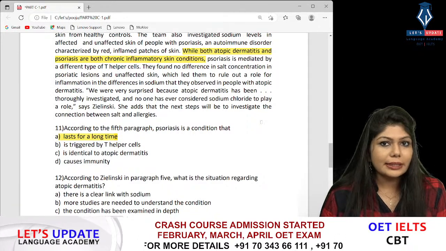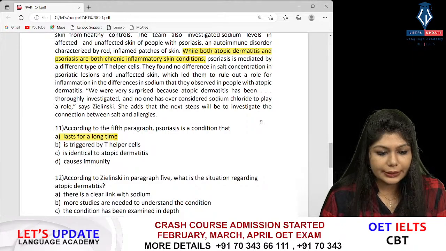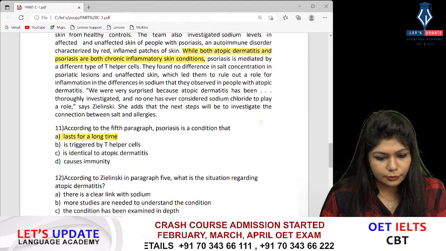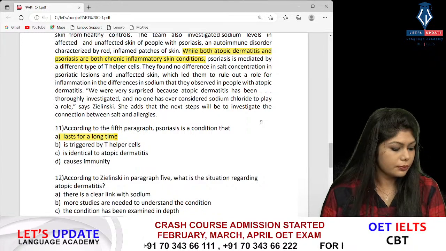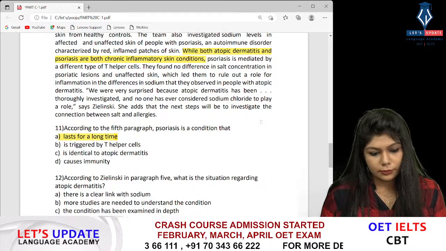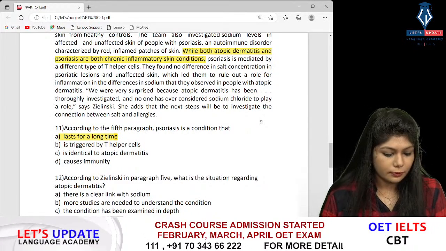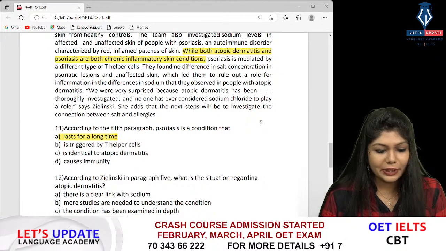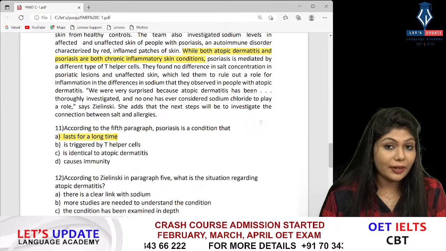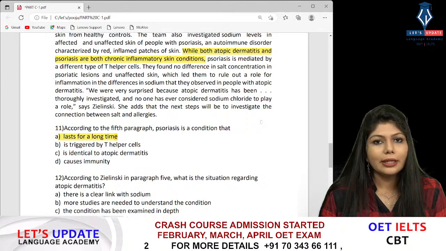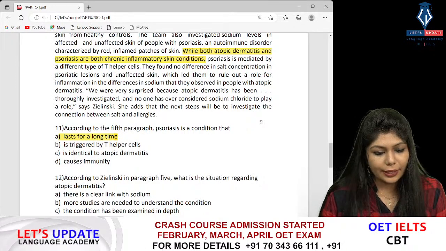You can just read it again. I'll give you a minute and then we'll solve it together. You just need to see whether it's A, B, C, or D. See whether you can find any information that is mentioned in A, B, C, or D, and just eliminate the rest.